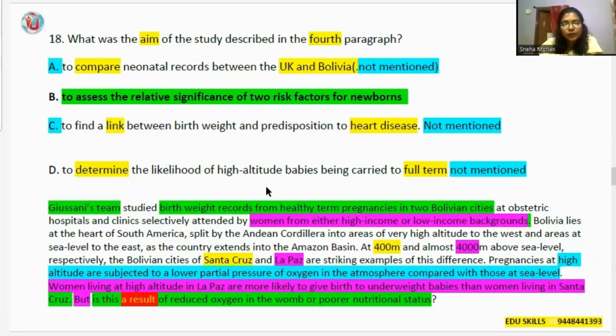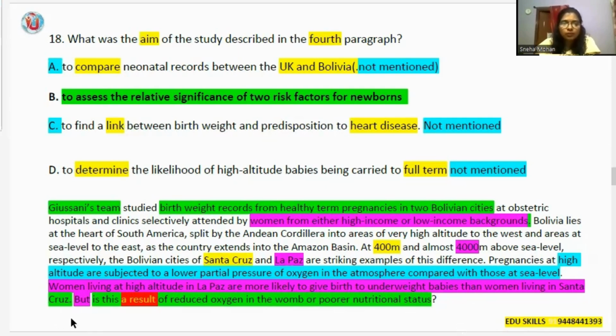Next, again, they're telling women living in high altitude, that is mainly the women living in La Paz, are more likely to give birth to underweight babies than women living in Santa Cruz. They're telling that women living in high altitude are more likely to give birth to underweight babies when compared to low altitude women.